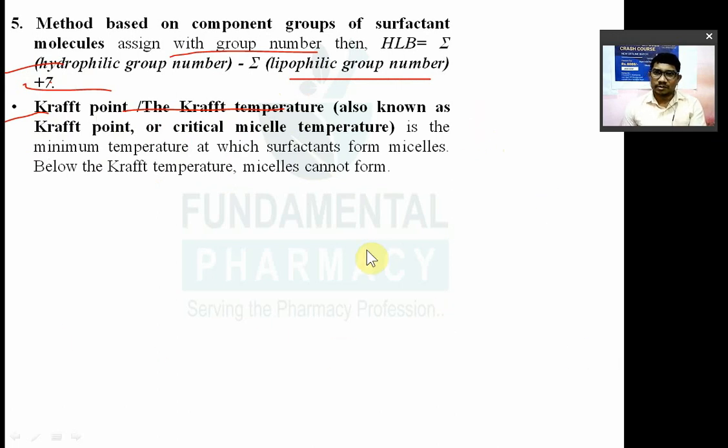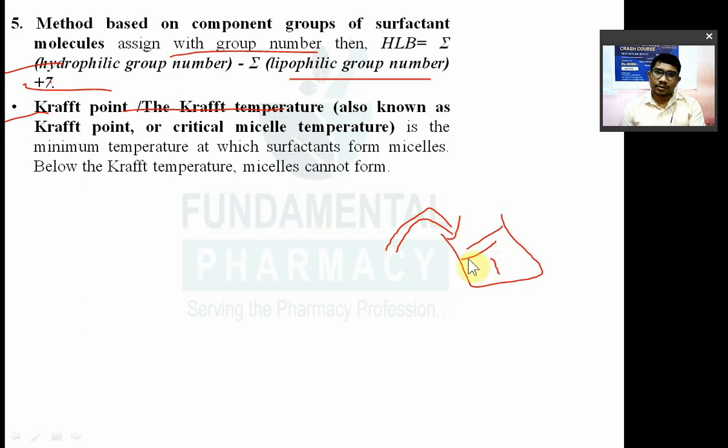I said that when surfactants are added, they will be distributed at an interface or surface, and some molecules will be present in the bulk. But if you increase the concentration of surfactant, what will happen?